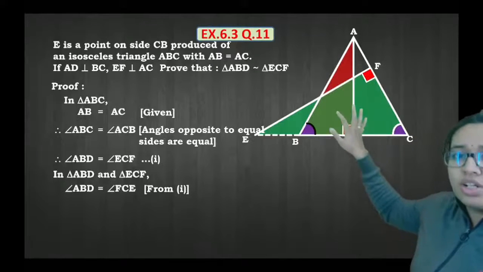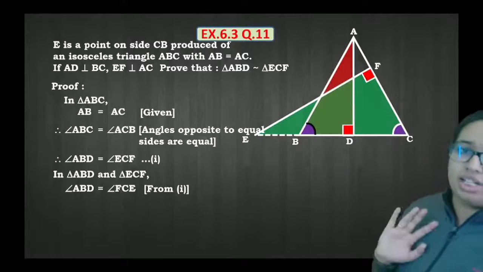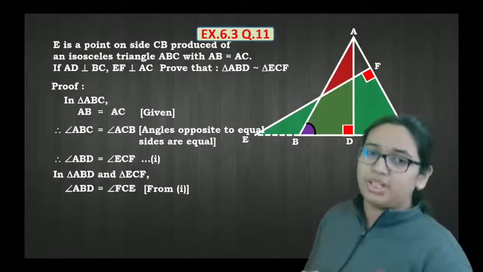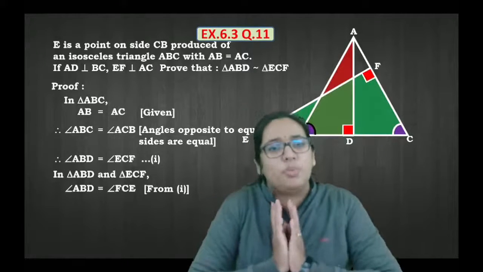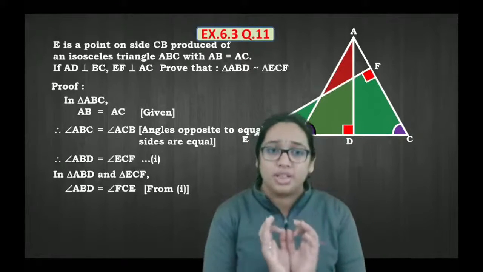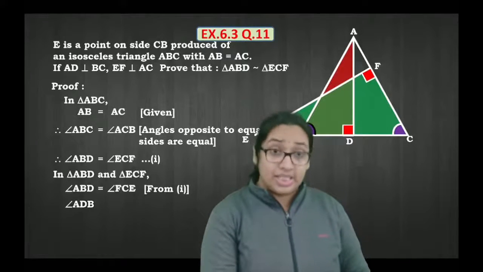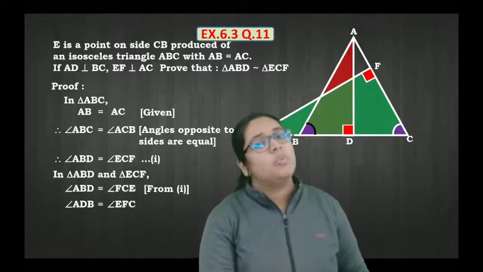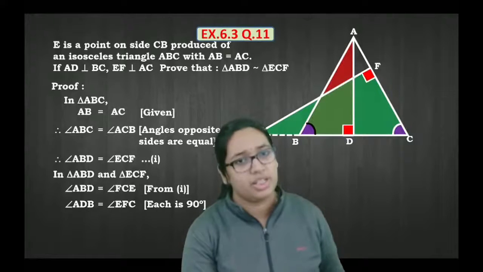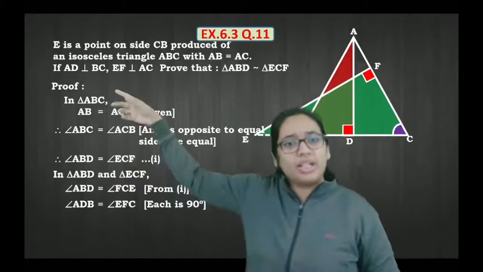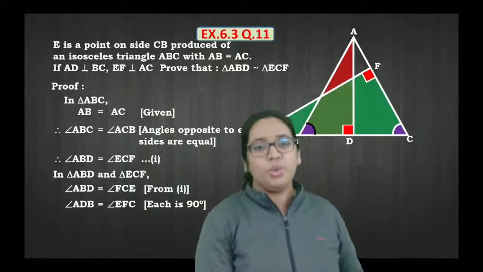But now we are talking about triangles EFC and ABD. सो क्या किया आपने? सिर्फ आपने नॉमेनक्लेचर चेंज किया, that we are talking about ABD and ECF. This will be same. Second thing, angle ADB will be same as angle EFC, each of 90 degrees. जैसे आपको easily बोला गया है that AD perpendicular to BC and EF perpendicular to AC.